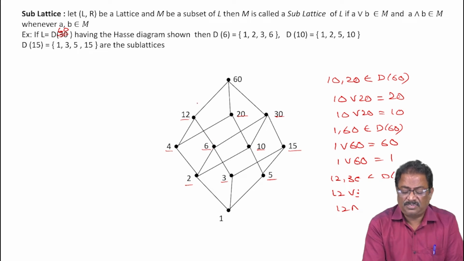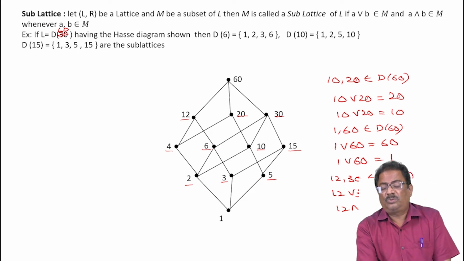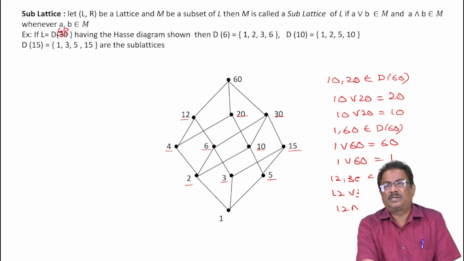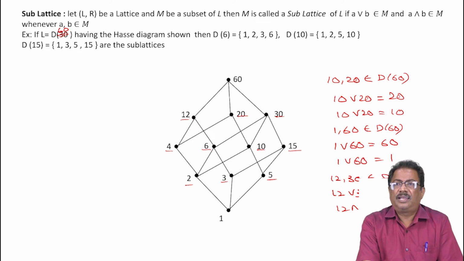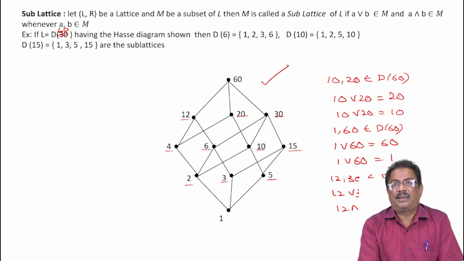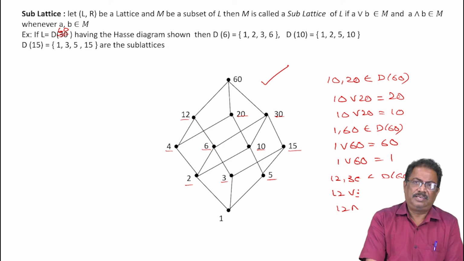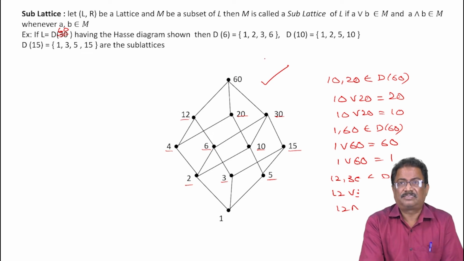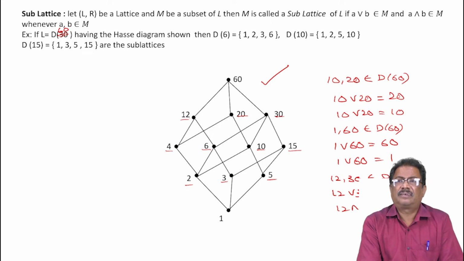Like that. So for every pair I consider, it has a least upper bound and a greatest lower bound. So we can say that it is a lattice.